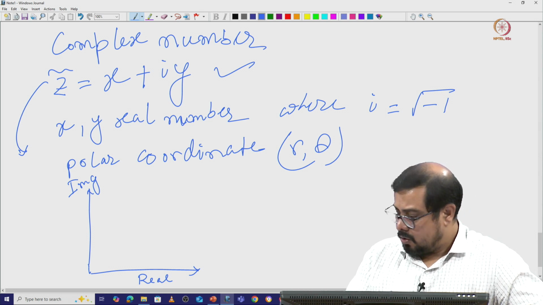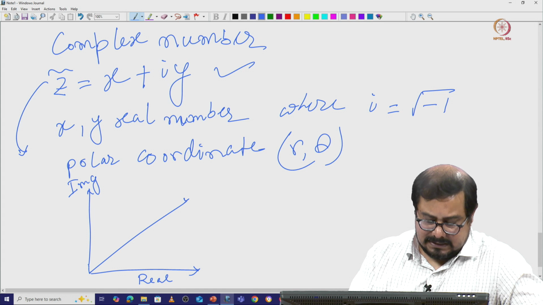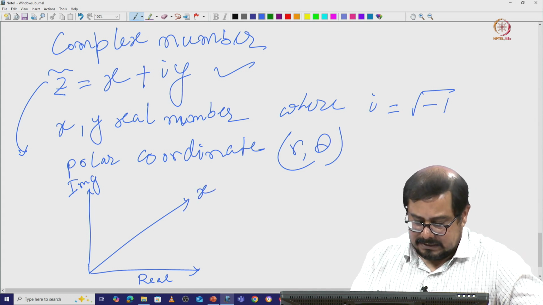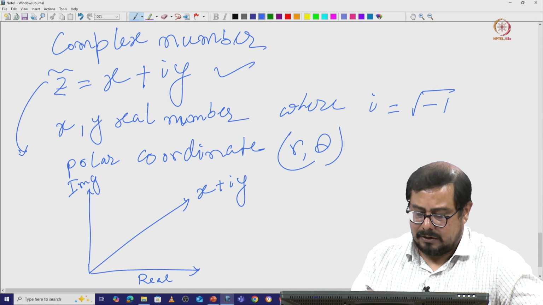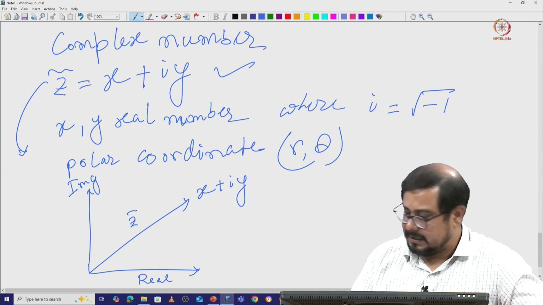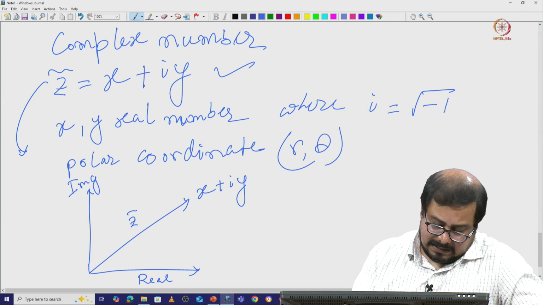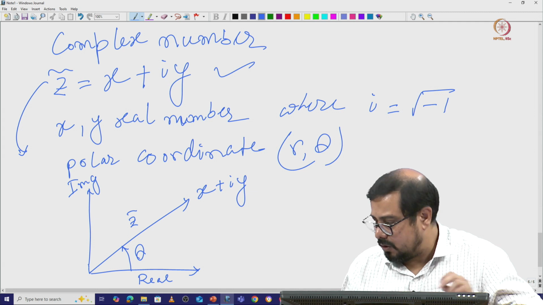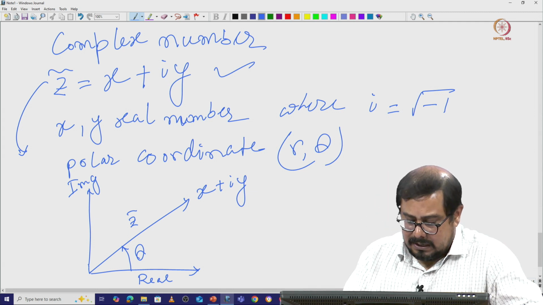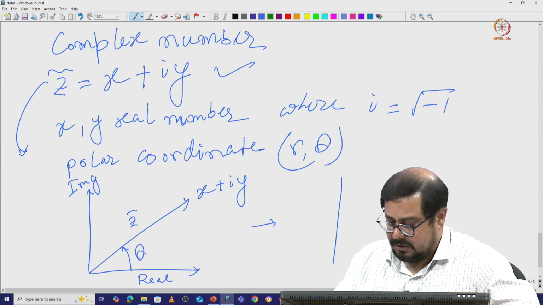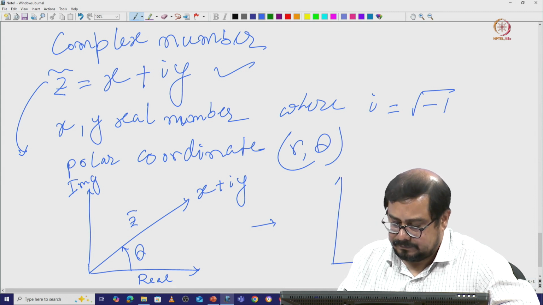Now if this is the vector I have to plot, we can plot it as x plus iy. This is our z, and if this is the angle theta, we have to represent these things using polar coordinates.